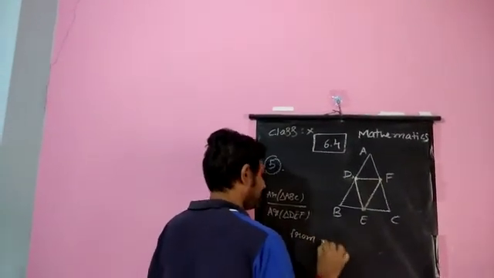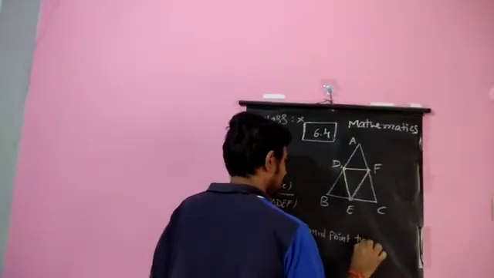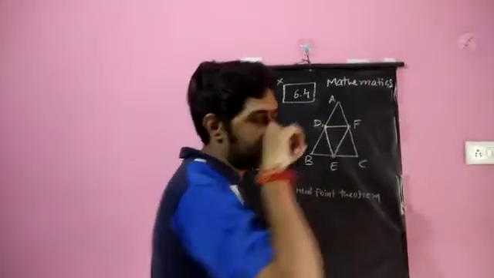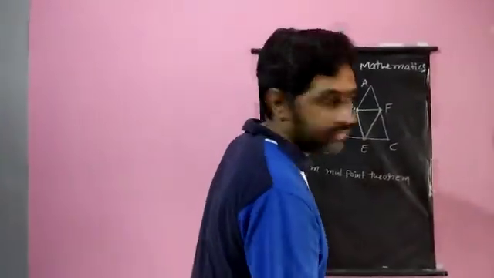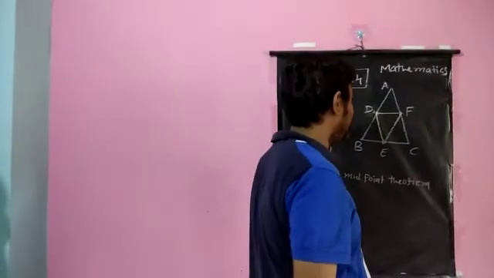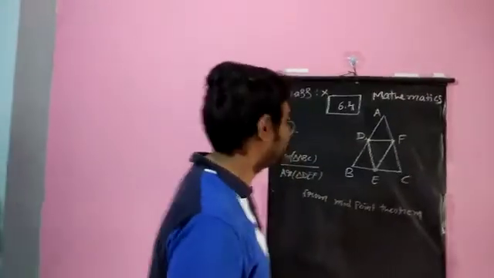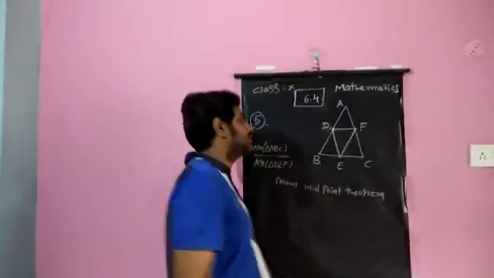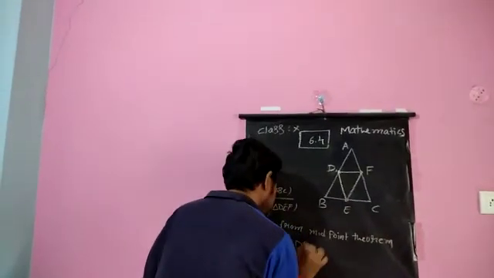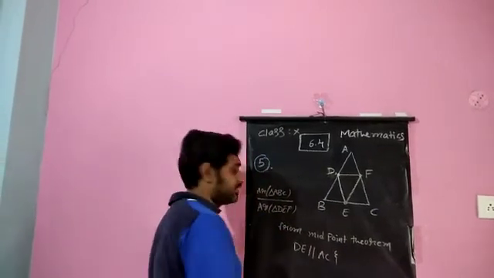Similarly, from the midpoint theorem, DE joins the midpoints of AB and BC, so it should be parallel to the third side, that is AC. So DE is parallel to AC and DE equals half of AC.